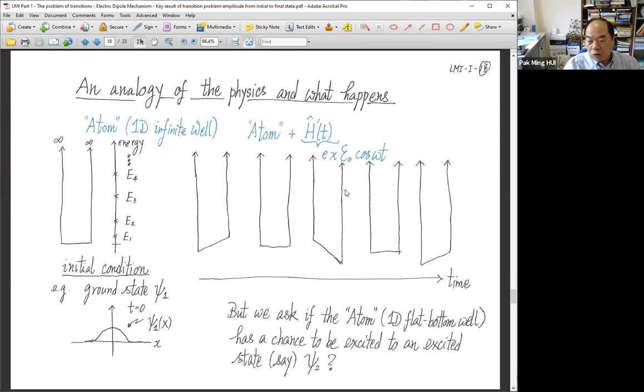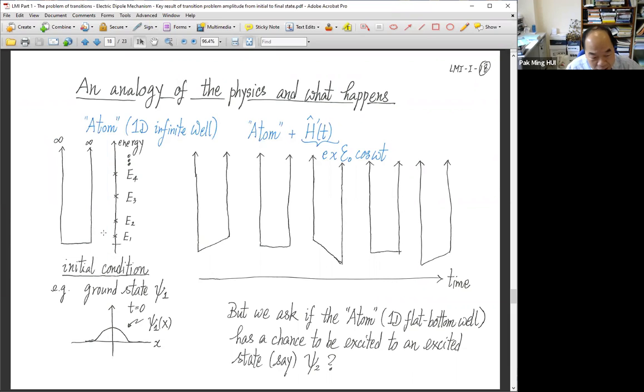Now, for those of you who don't like formulas, take this picture with you. What we are asking is equivalent to the following problem, easier to think about. I pretend my 1D particle in an infinite well is an atom. Well, that's reasonable, right?